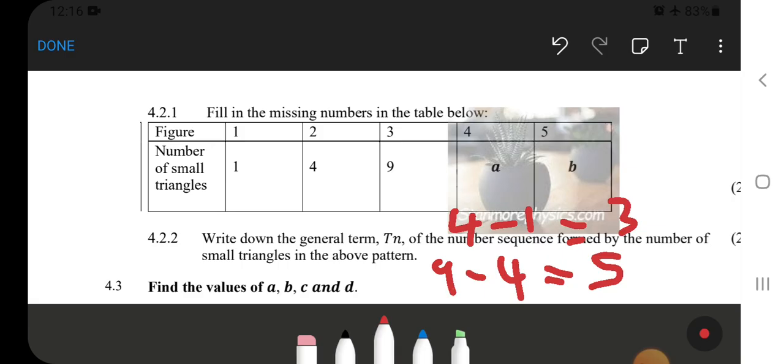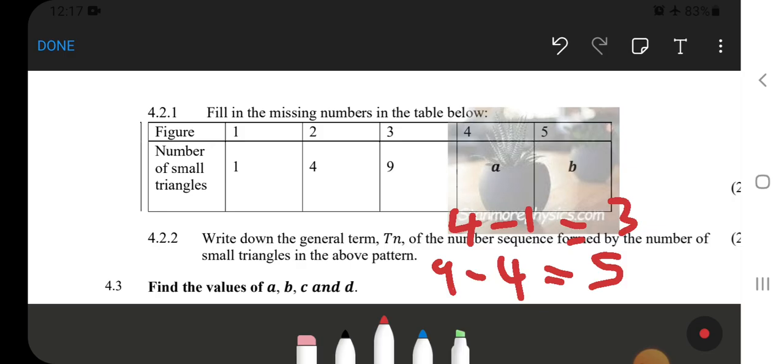So do you see that this pattern is not the same as the one we did at the top? We are not getting the same first difference. We are getting different numbers now. When I take the 4 minus the 1 and the 9 minus the 4, we are getting different ones. So meaning how we calculate Tn will not be the same for this one.